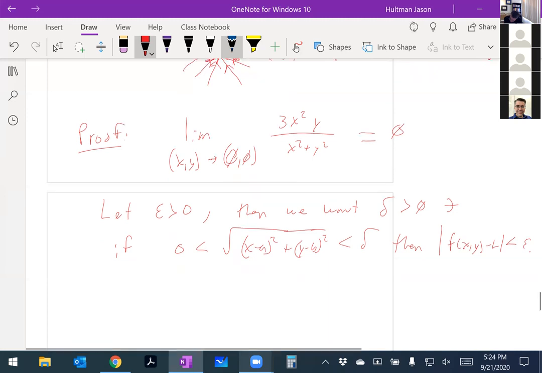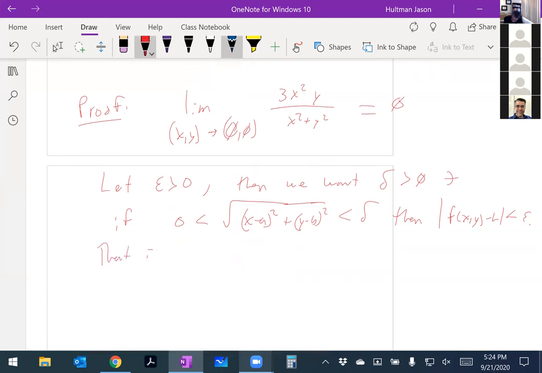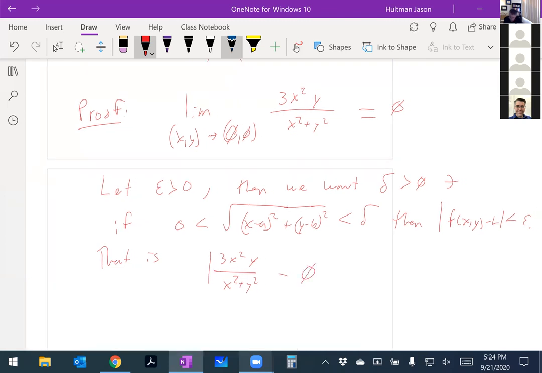That is, okay, the absolute value of 3x squared y over x squared plus y squared minus 0 in this case is less than epsilon. Well, I don't want to skip this. Let's not skip this. This is too important.